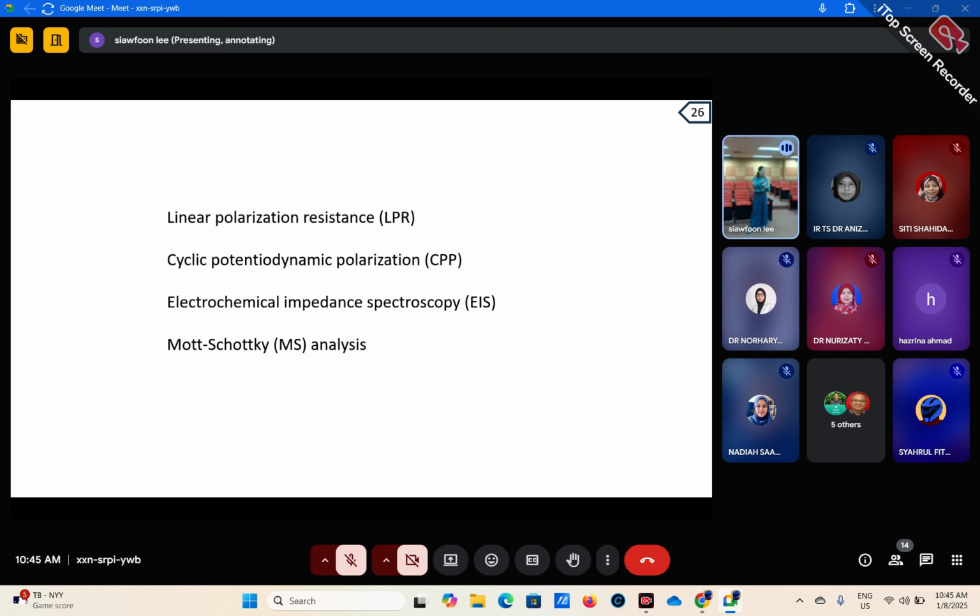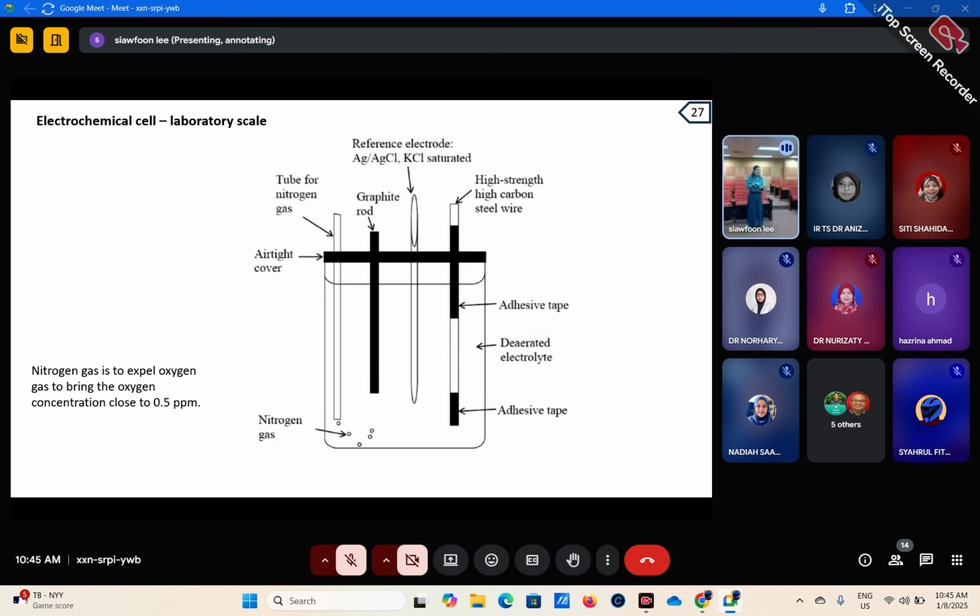All these you can do using the electrochemical techniques. If you are in the laboratory, on a small scale, and you want to study the property of the steel that you have and how the steel reacts to the solution, you can make yourself a small container made of plastic.